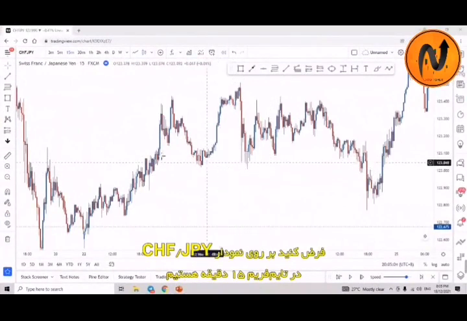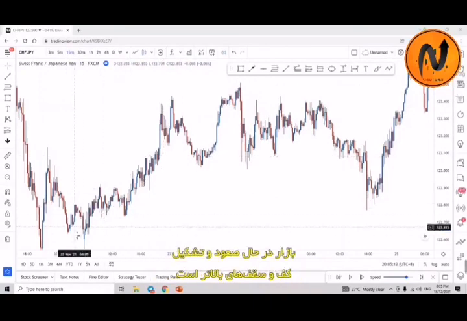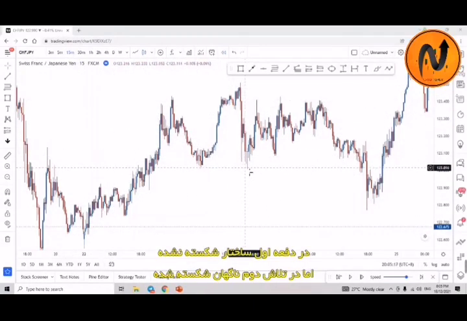Let's assume that you are looking at a CHF JPY M15 chart, and then you came across this. You see the price moving high, higher, low, high, higher, low. It does not break the first time, then suddenly it breaks the second time.